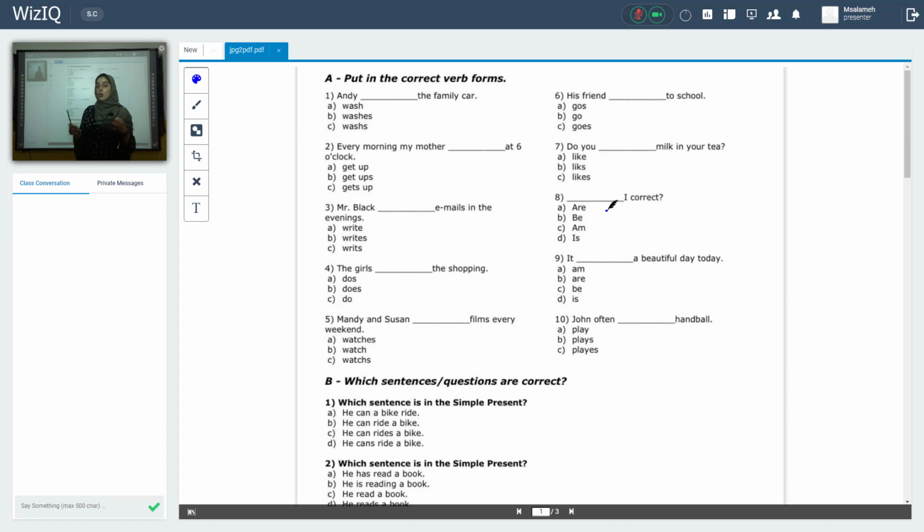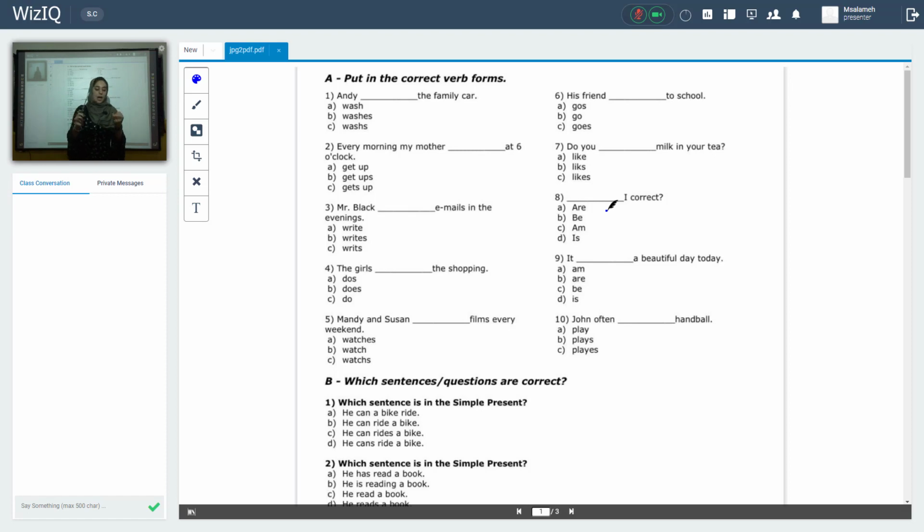The definition of simple present is an action that happens without specific time, okay? So, it happened in the past, is happening right now, and will happen in the future. So, without specific time, it's like a truth, okay?